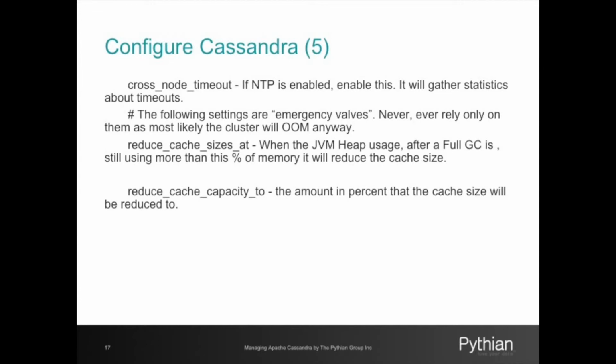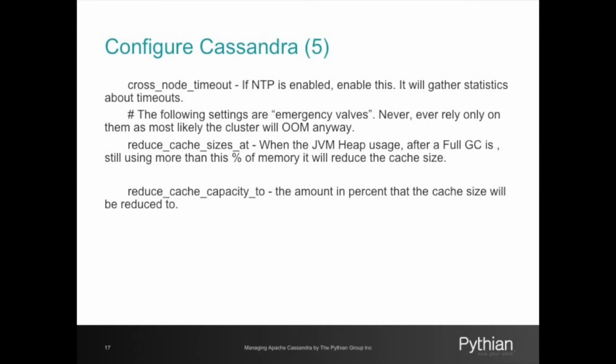Then you have one thing called the emergency valves. They can give you a bit of time in emergencies and guarantee that your nodes live a bit longer. But if this is your only way out, it means you're going to run into problems no matter what. Most likely you will run out of memory, get an OOM from the JVM, and your node will go down.